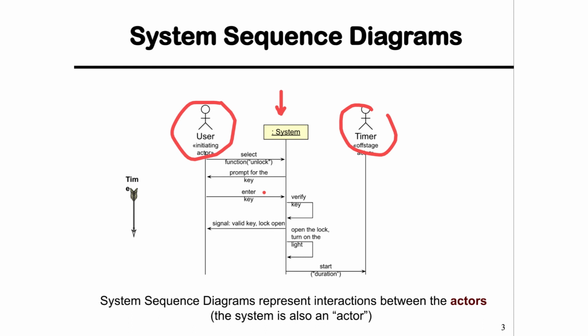So as I already discussed, system sequence diagrams represent interactions between the actors. So here we can also consider the system as an actor. But mainly from this diagram, one thing we can generalize is that the system is represented as a black box, and all other external entities or actors are there in the way the sequence diagram shows.